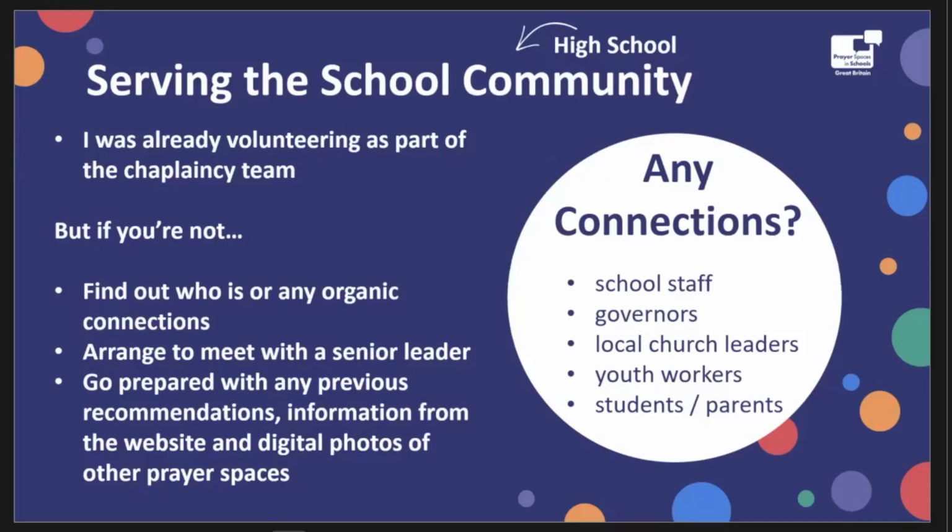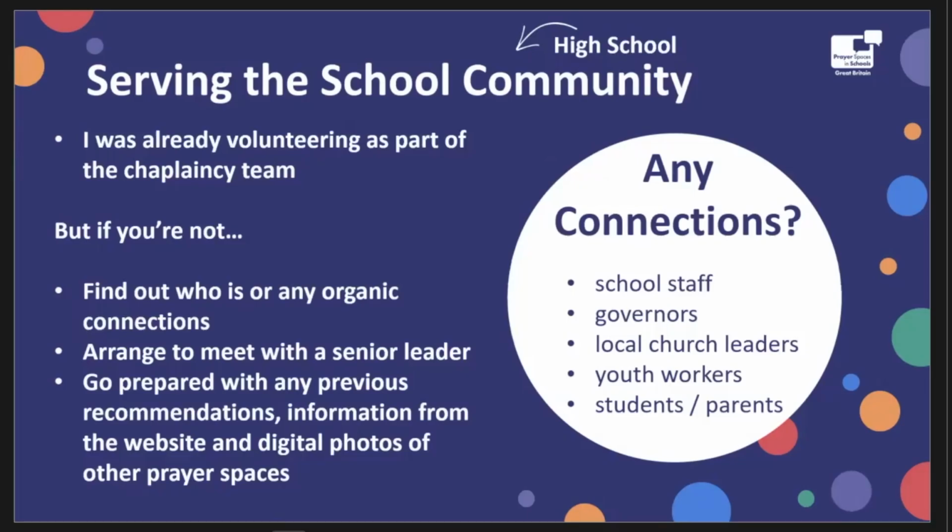And then something else that you really need to do, once you're ready and you feel like this is something that you can offer, is to start thinking about arranging a meeting with a senior leader in the school. So it's good if you can find out who the best person would be to speak to, and then arrange to go and chat with them. And it's really good to go in prepared.